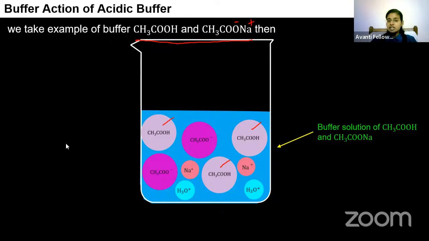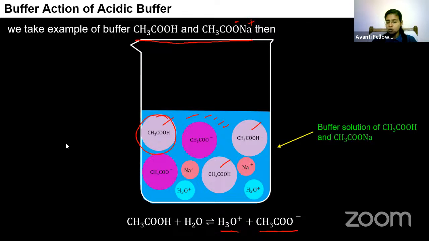When the weak acid reacts with the water, it produces H3O plus and CH3COO minus. These are the H3O plus which has come from this particular equation, and it also has the acetate ion.